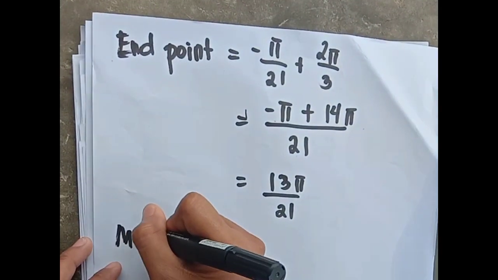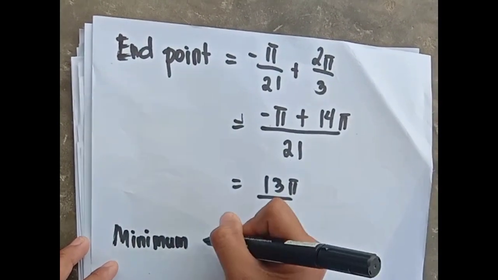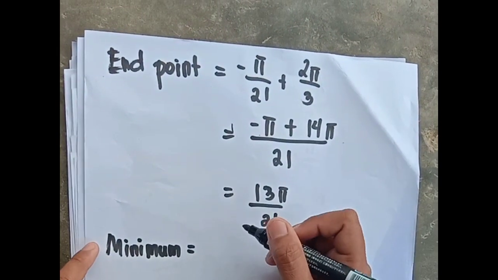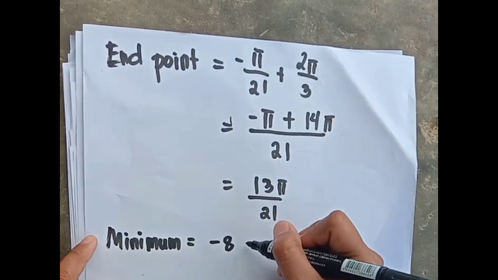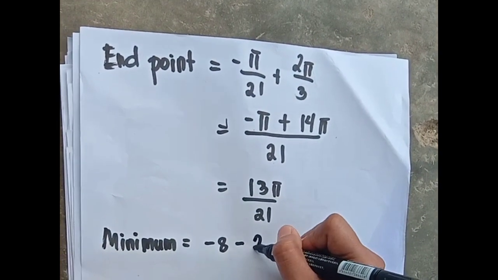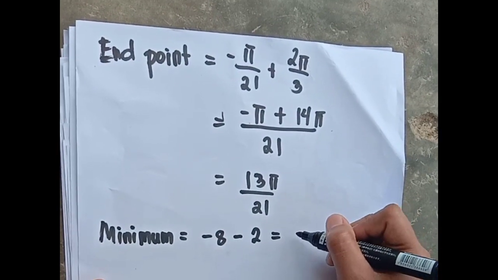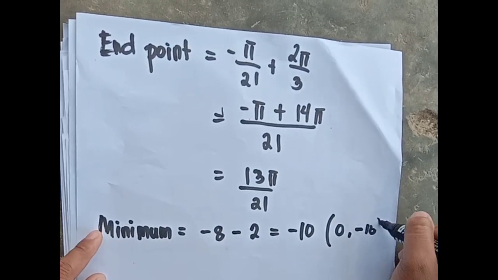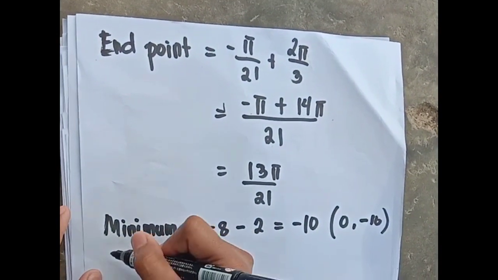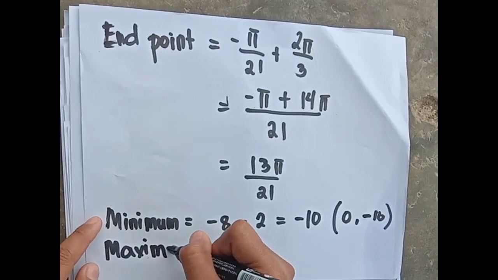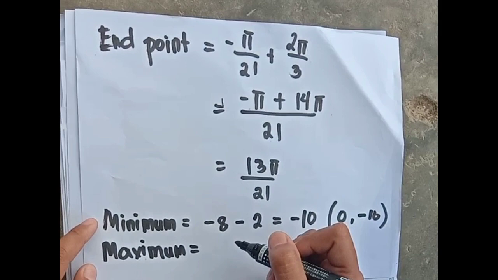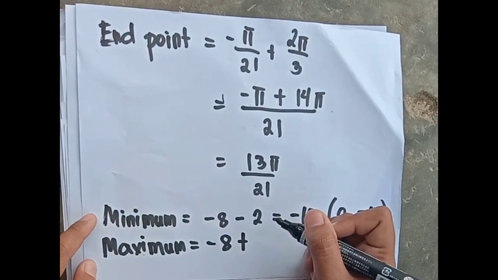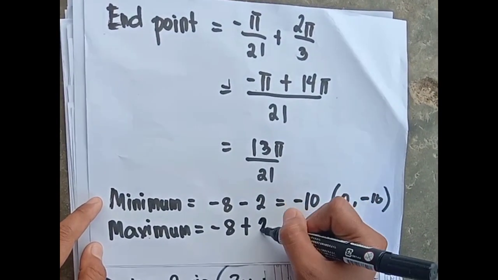The minimum: we subtract the amplitude, positive 2, from the vertical shift, which is negative 8. The answer is negative 10. And to get the maximum, we must add the vertical shift, which is negative 8, plus the amplitude, positive 2.